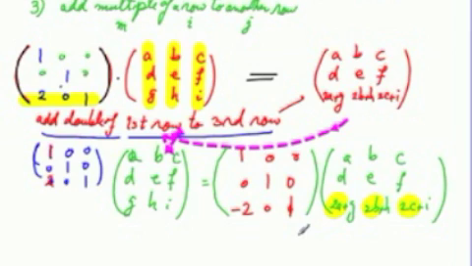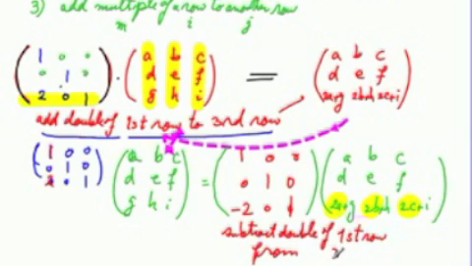So subtracting double of the first row from the third row. So the meaning of this would be: subtract double of first row from third row. Well, it makes sense that the number here has to be -2.